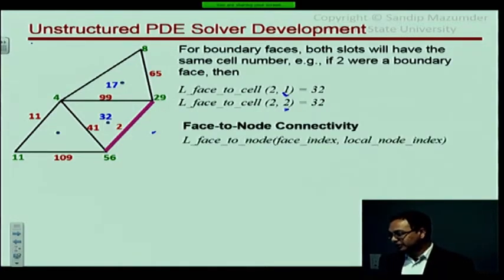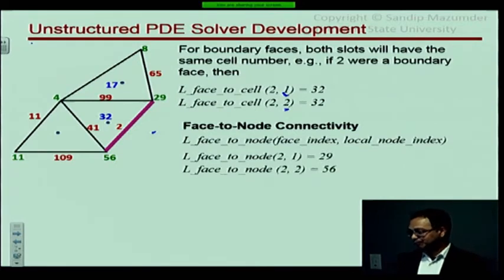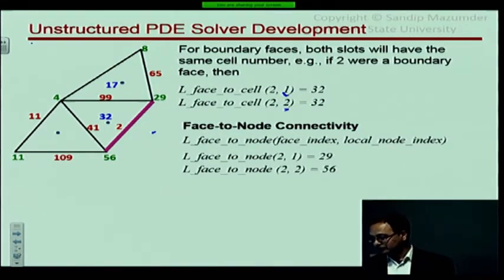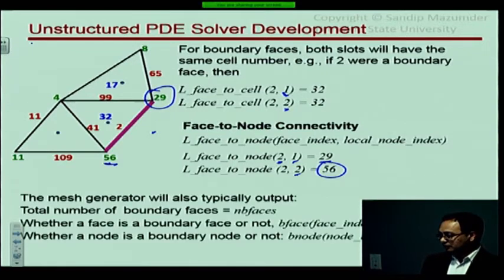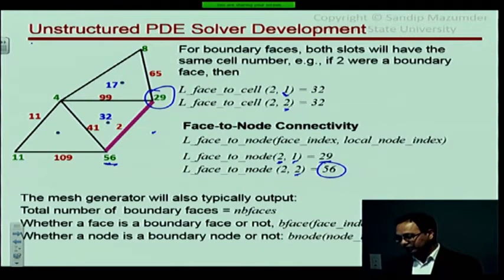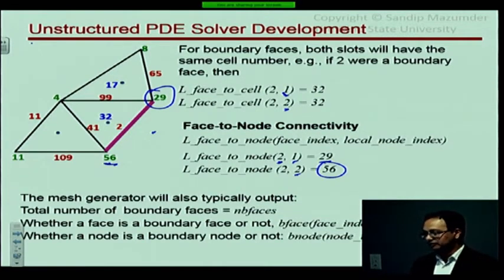Face to node connectivity, same idea. Here, for example, I'm using face number 2 as an example. The first node is 29, that's this one, and the second node is 56, that's this one. The mesh generator will also typically output the total number of boundary faces and whether a face is a boundary face or not with a flag 0 or 1.